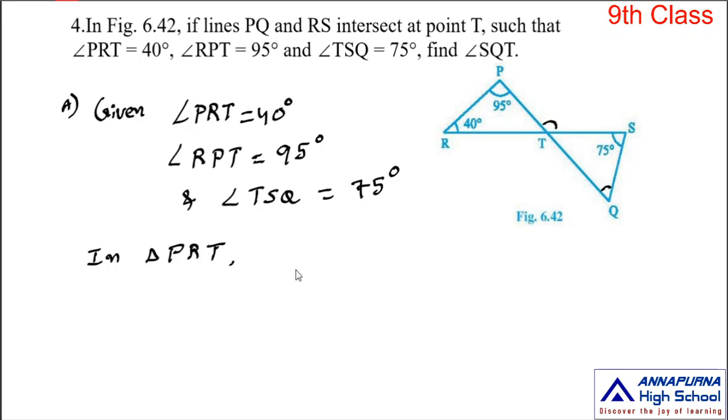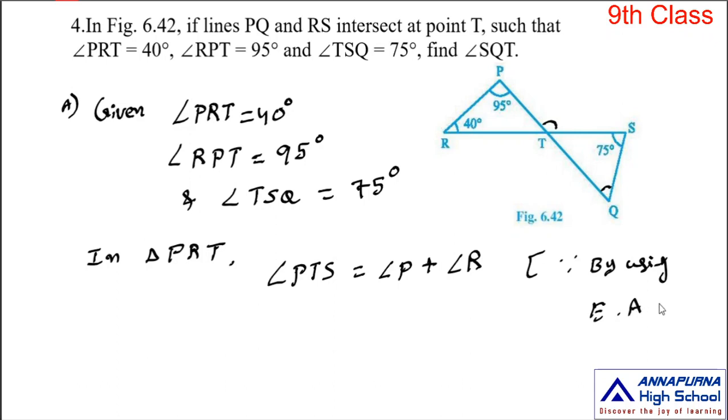So angle PTS, an exterior angle, is equal to the sum of the two opposite interior angles, angle P plus angle R, since by using the exterior angle property.